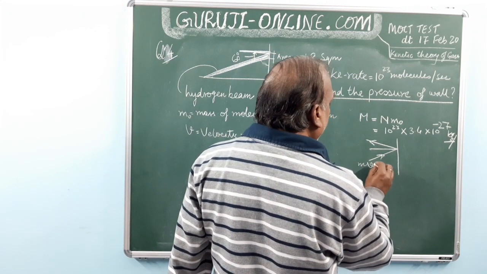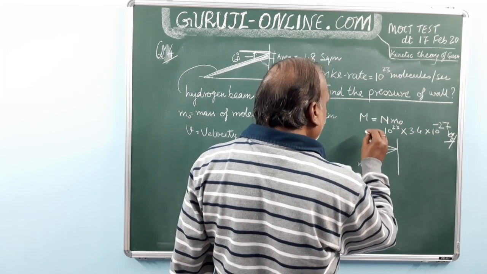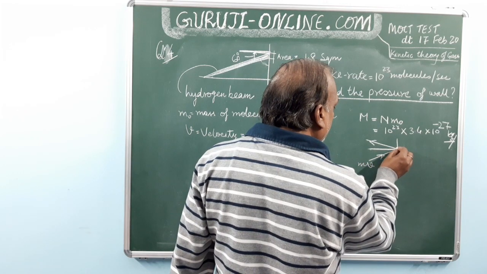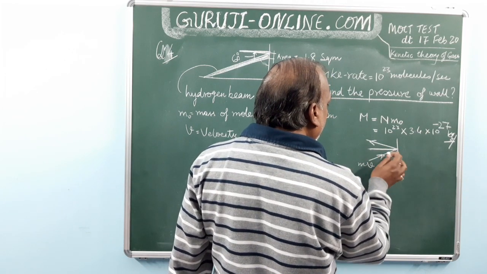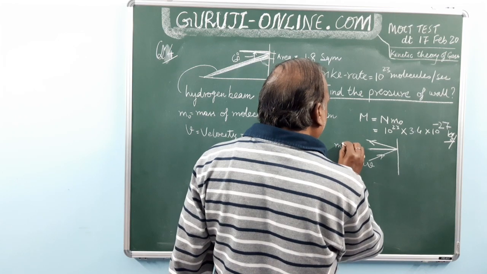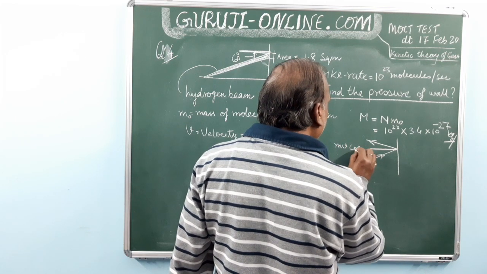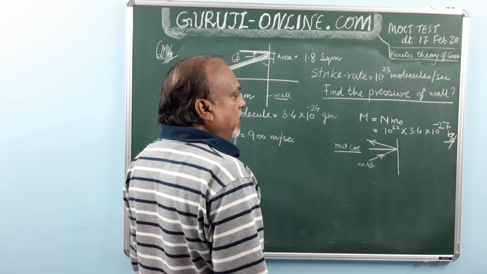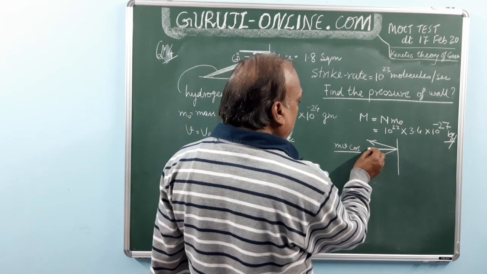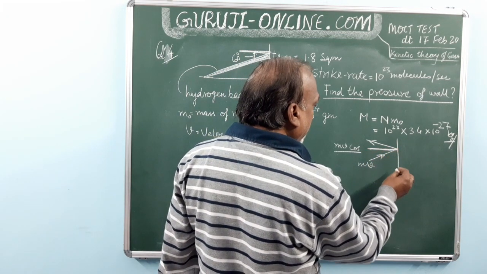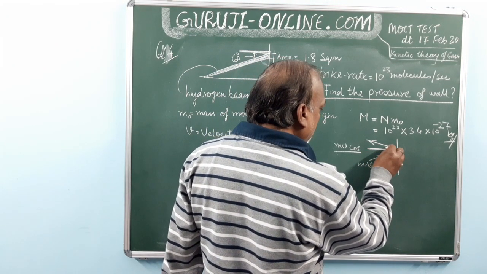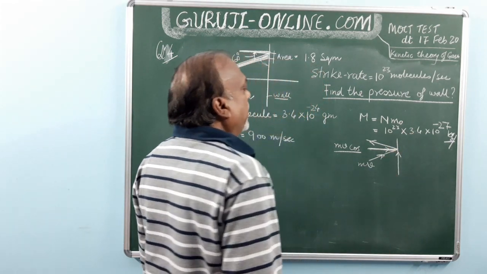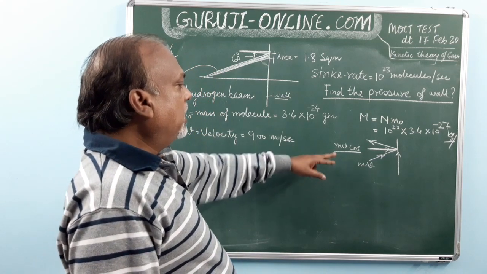This is the momentum, and this component is m v cos theta. Effectively, this component will be responsible for developing the pressure, that is, striking the wall, because the velocity will have two components, and the other component will just go away. So let us concentrate on this.